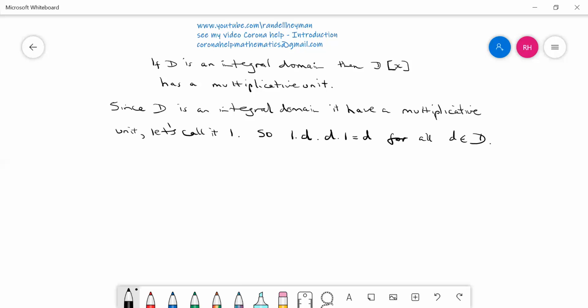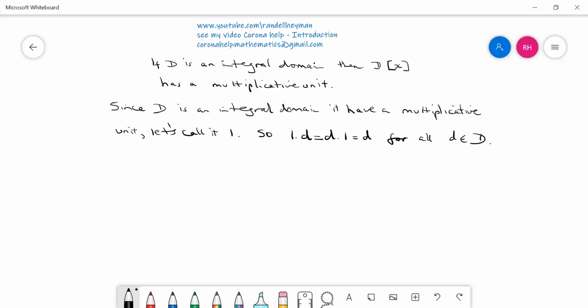You take this multiplicative unit, you multiply it by any element in the integral domain, and that equals d times the multiplicative unit. So it doesn't matter which order you do it, and in both cases it equals d itself. That's the essence of what a multiplicative unit is.